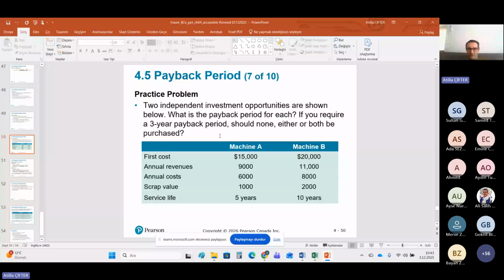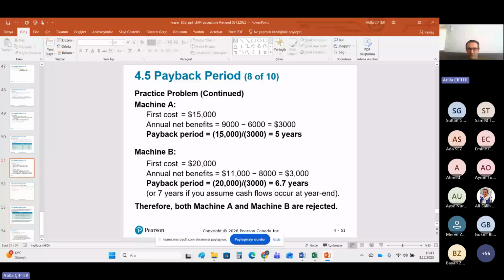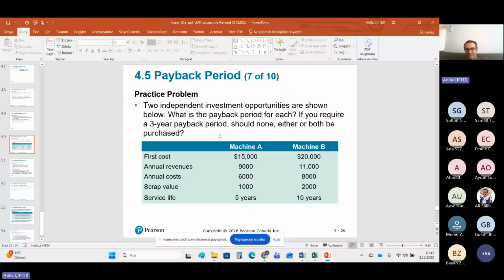And the payback period, you can see, is your first cost of $15,000 divided by 3,000, which is equal to 5 years. Here you can see annual revenues minus annual cost is your cash inflows. You do not even consider scrap value with this method, right? So for machine B, first cost $20,000.